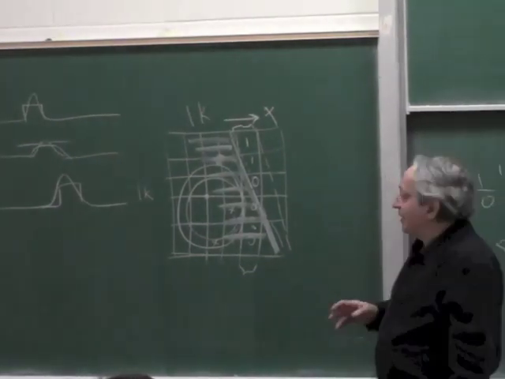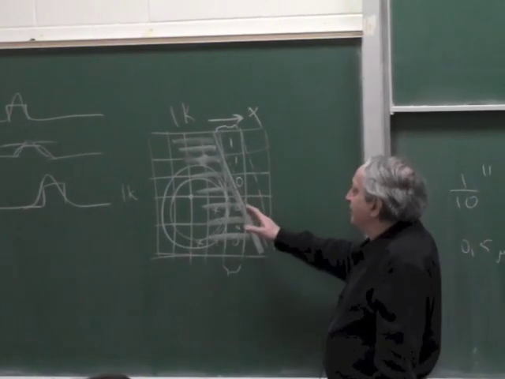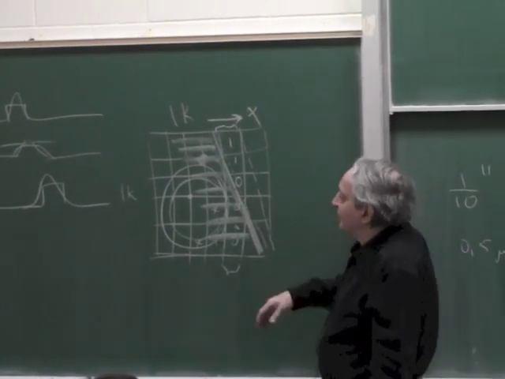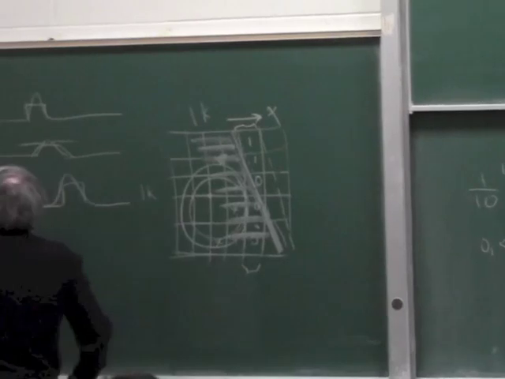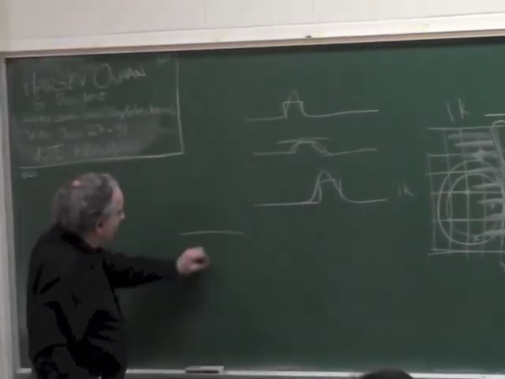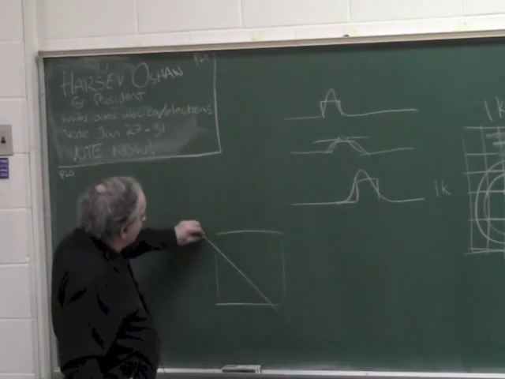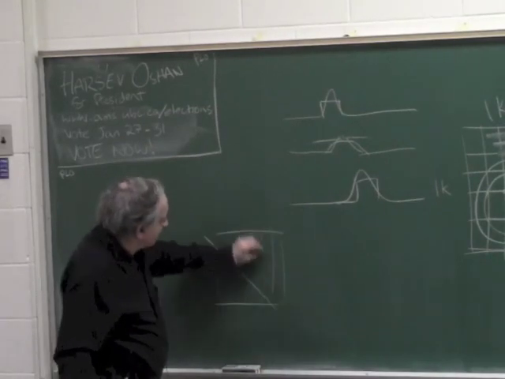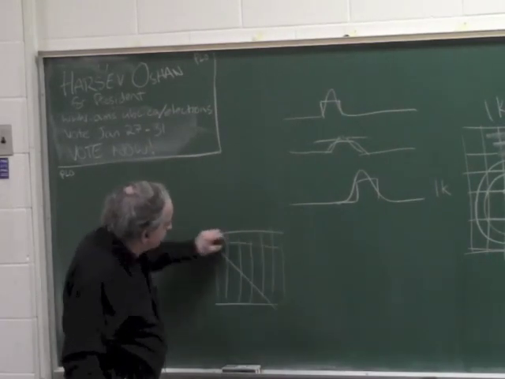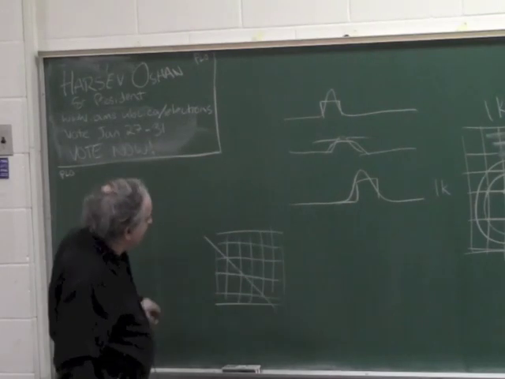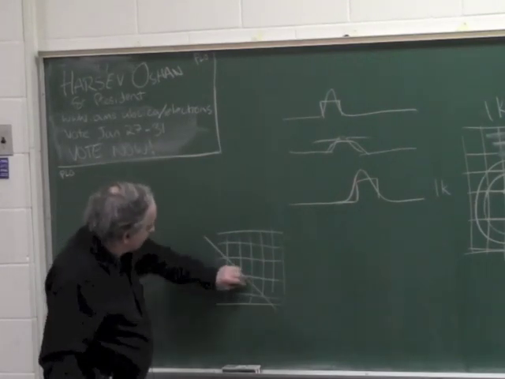Now, the way I drew it here, it's not so good to measure up and down, but let's take an example. If you had the camera and you had a diagonal line like this at 45 degrees, and this is a grid of the camera, so this is all dark.